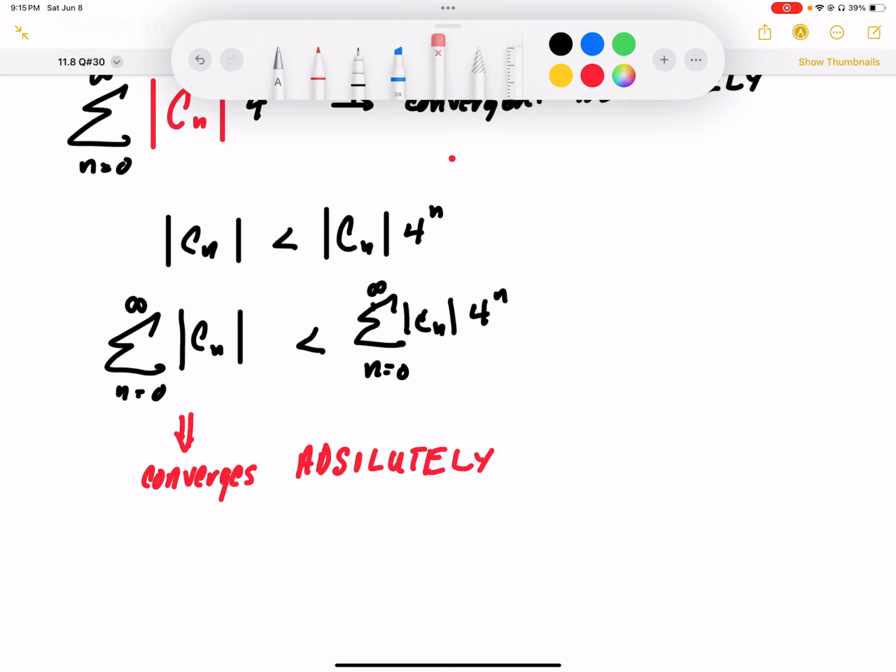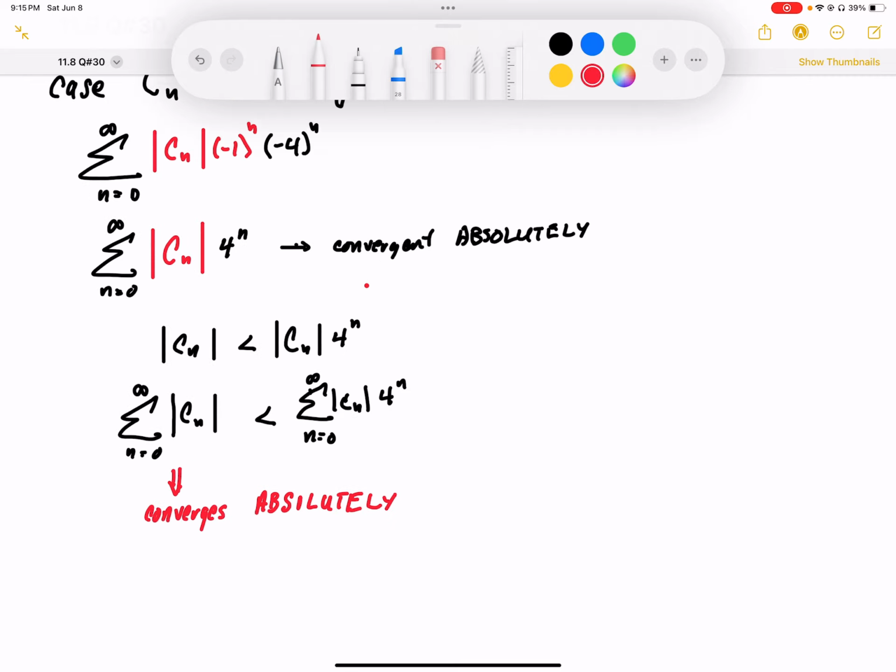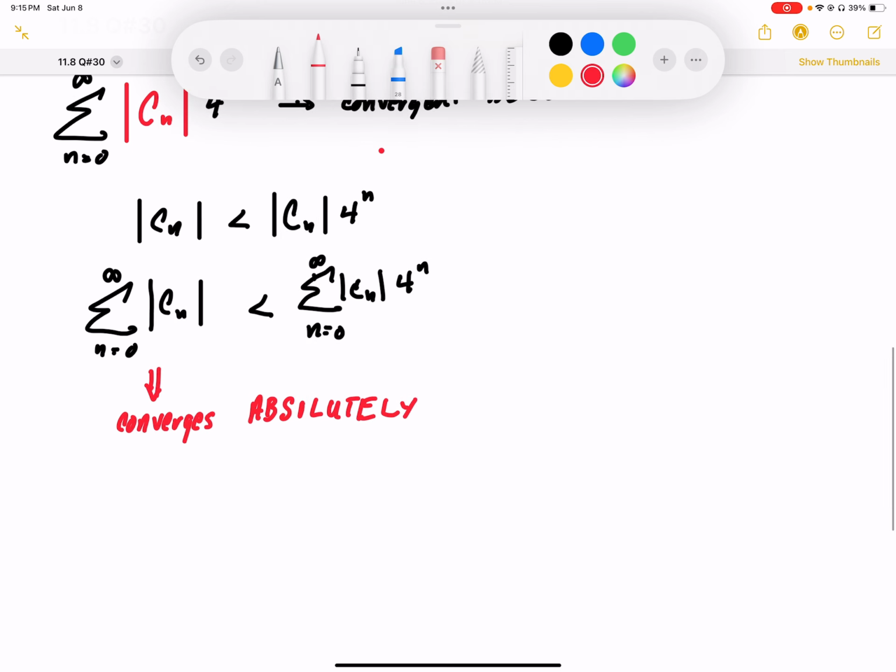So we've done the case where it is alternating, so we need to then make sure that it works when it's not alternating. If we see it is not alternating, we're going to write that case down. This is case 2. Cn is not alternating.